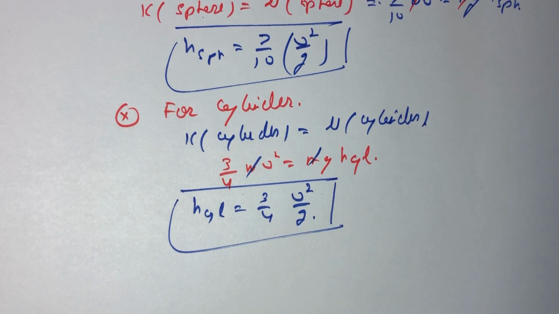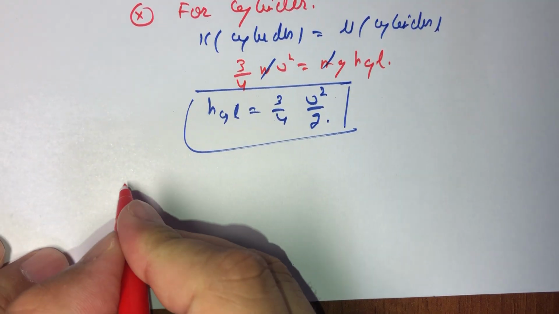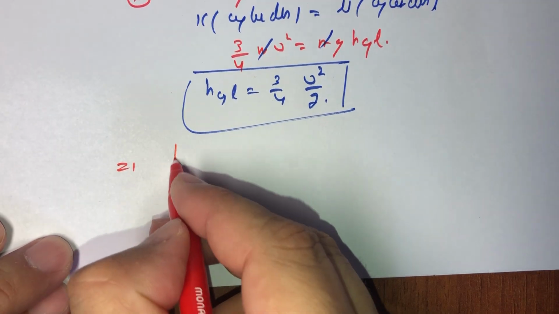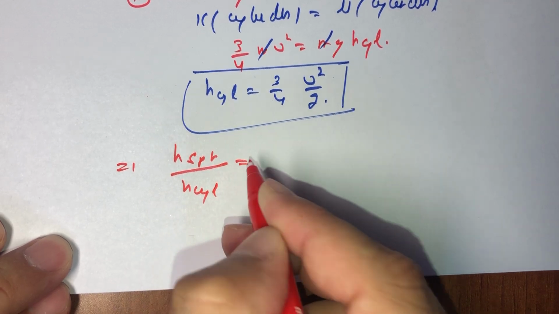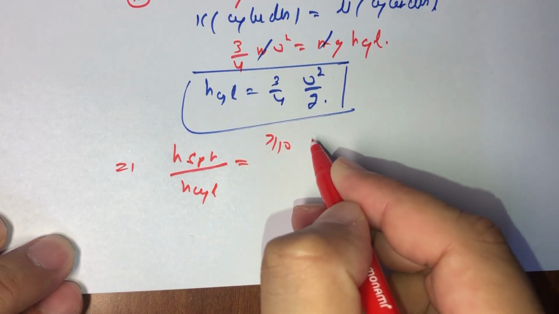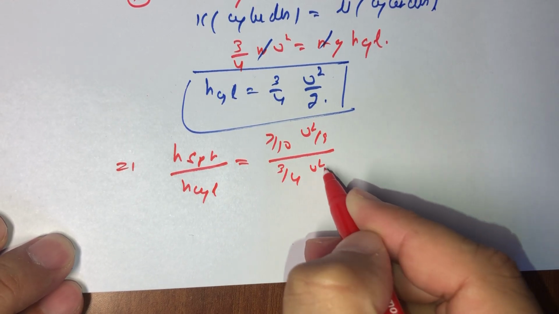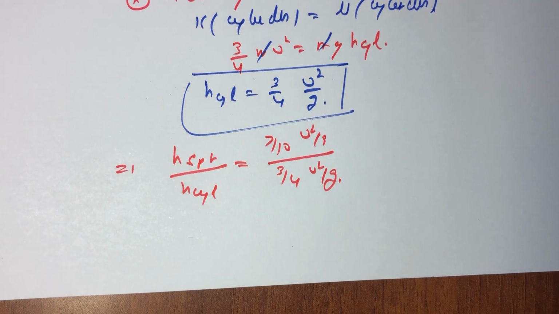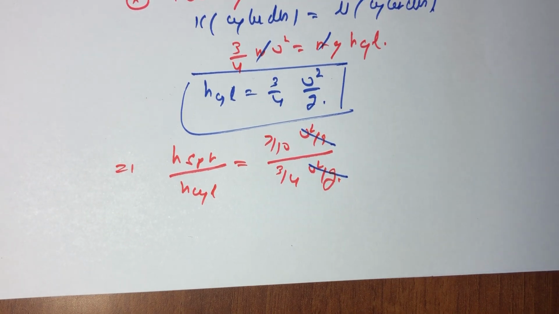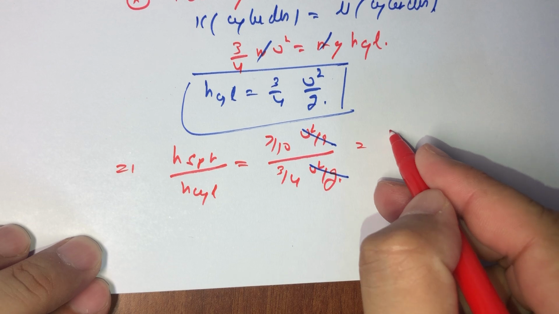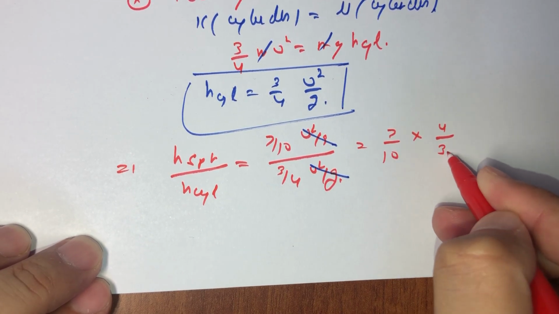So we are going to find the ratio by simply dividing. We get height of the sphere divided by height of the cylinder equal to 7/10 v squared by g over 3/4 v squared by g. These two terms cancel out, and we get 7/10 multiplied by 4/3.